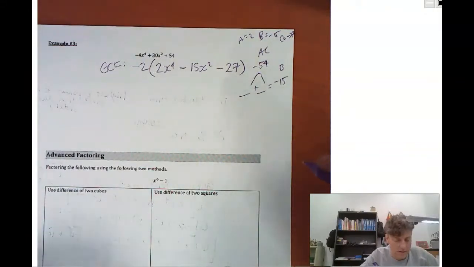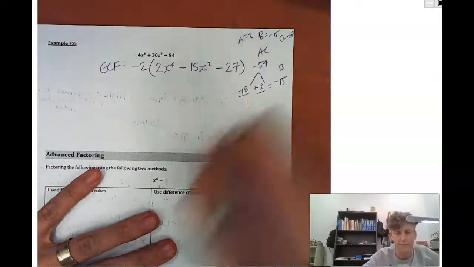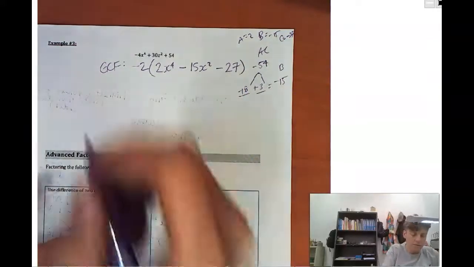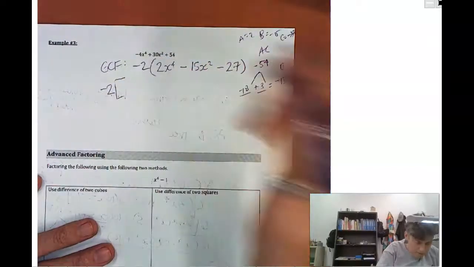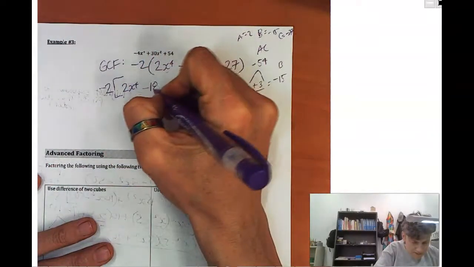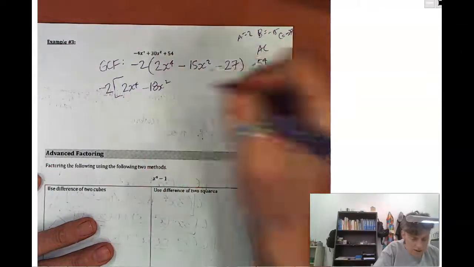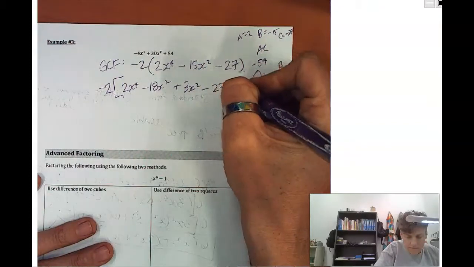Need a big number that's negative. Let's do negative 18 and positive 3. So let's split our middle term. We'll have negative 2 times 2x to the 4th minus 18x squared plus 3x squared minus 27.